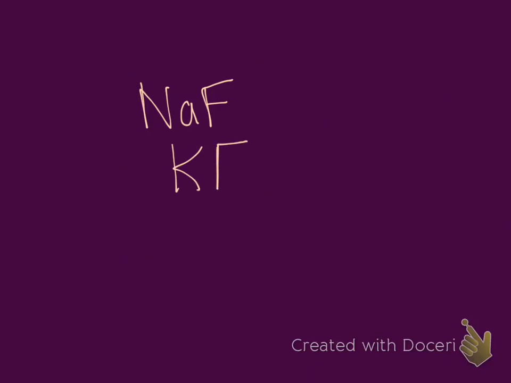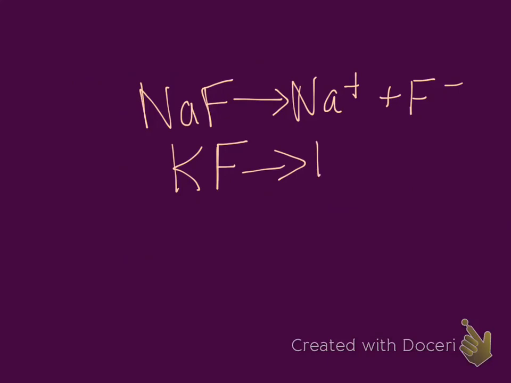And the reason why sodium and potassium are great cations to choose is because they're water soluble and they do not change the pH. So they're considered pH neutral. So if you add NaF to water, you're going to get Na+ and F-. If you add KF, you're going to get K+ and F-.